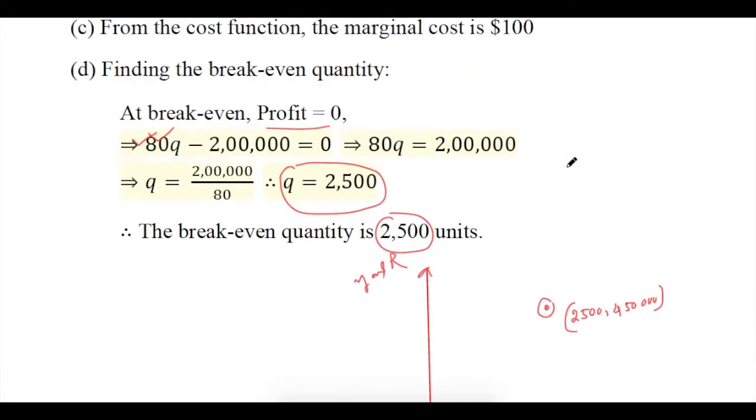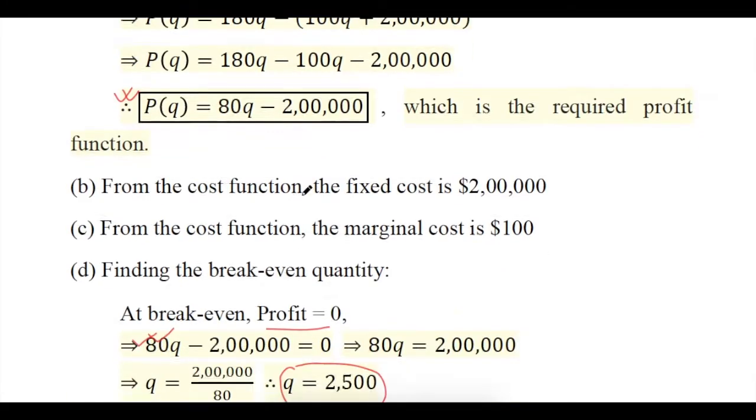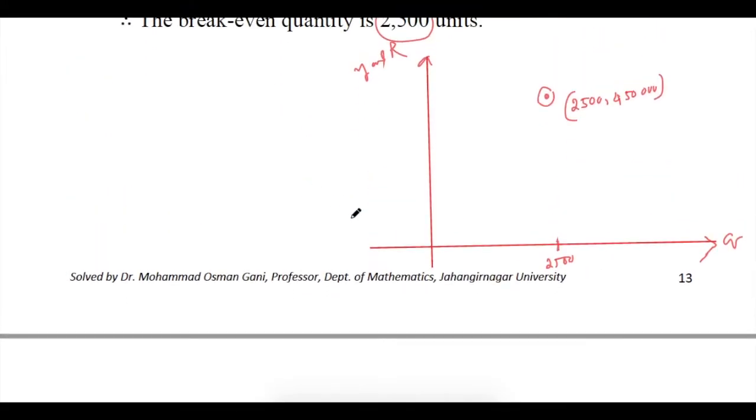And the y-intercept in the cost function is 200,000. So the cost function will start from here. If this distance is 400,000, then 200,000 will be probably this. So now you can draw your cost function. This is your cost function. And the revenue function will initiate from the origin.